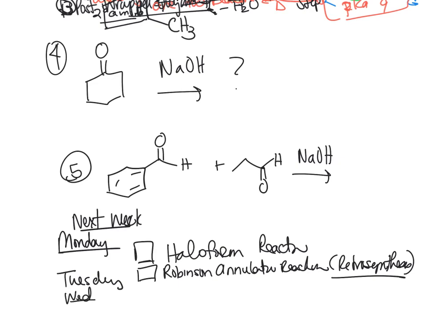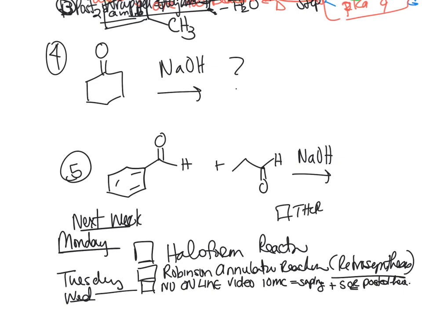Wednesday, there'll be no online video. You'll have 10 multiple choice questions on Sapling, plus 5 open response questions posted here on your module. And then on Thursday of next week, I will go over your problems.